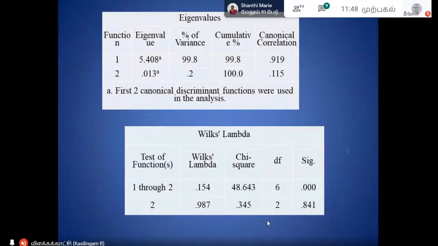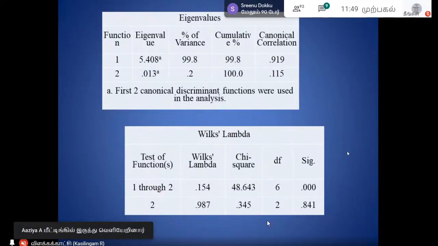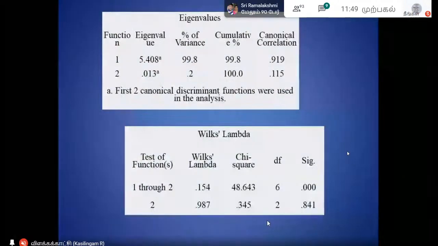Now, which table do I have to see? I know function 1 is important. In function 1, which variable is important, that I want to see. Where do I have to go?